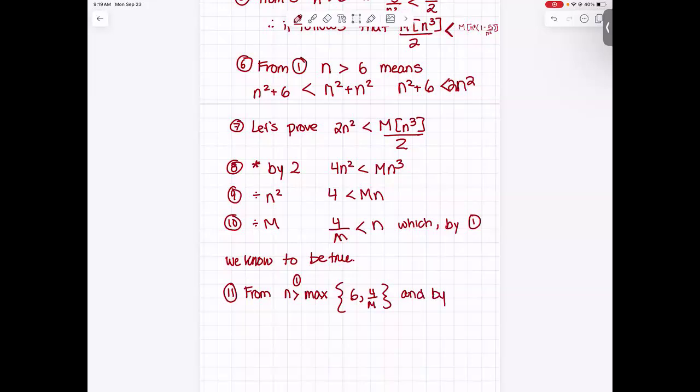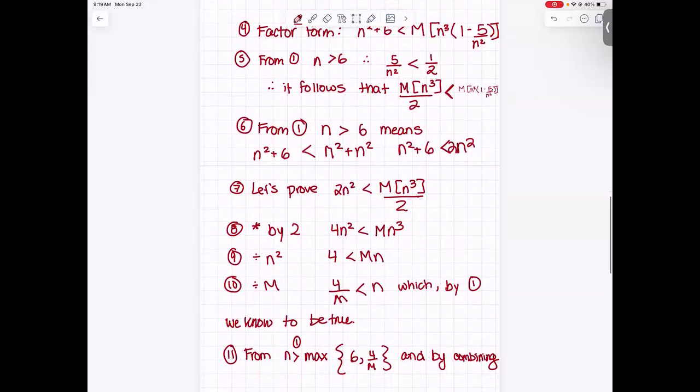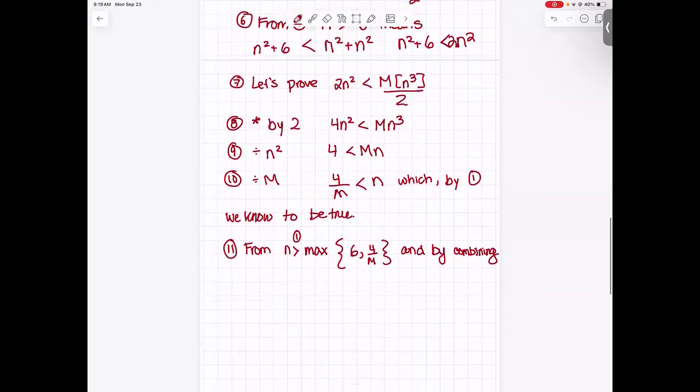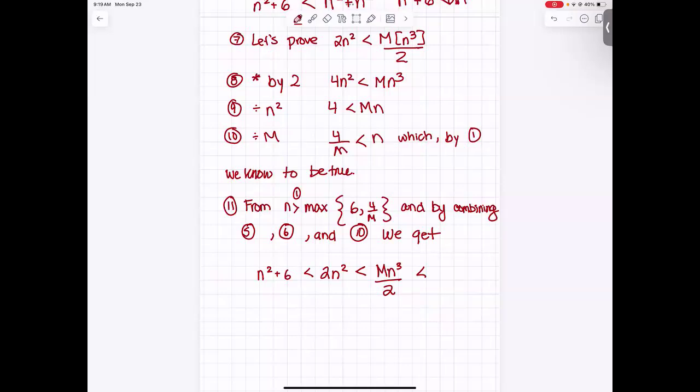And by combining steps 5, 6, and 10, we started with n squared plus 6, and we showed how that was going to be less than 2n squared, which we showed was less than mn cubed over 2, which we showed was strictly less than m times n cubed minus 5n, and then that's our proof.